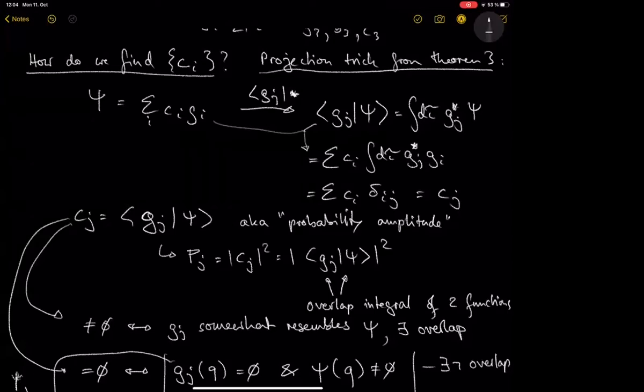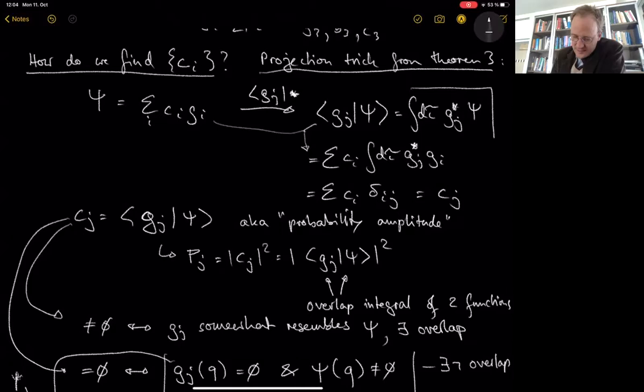So that gives us this expression here. And now you insert your series expansion, then you come here. And now due to the orthogonality, that was theorem 2, only one term survives. The sum in front cancels and only the J survives.